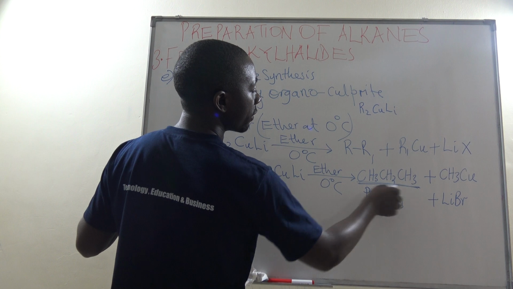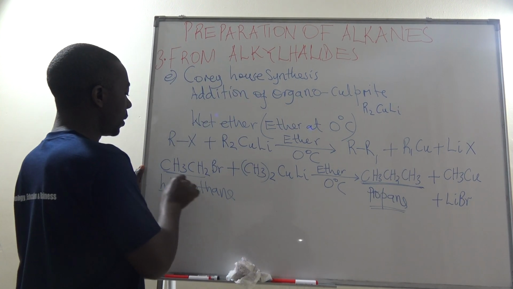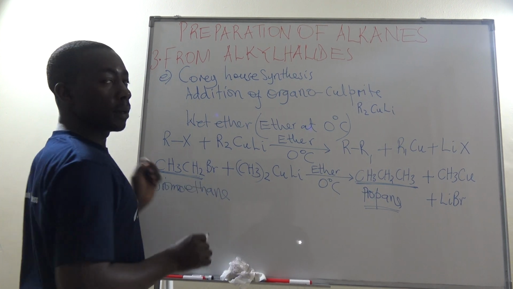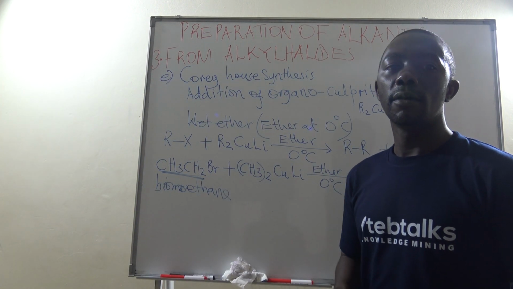So even the length of the carbon chain has been increased by at least 1 carbon atom. And this method, we are saying, is helping us to prepare alkanes as well as increase the length of the carbon chain.